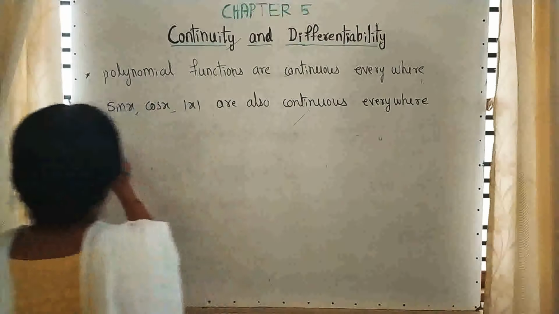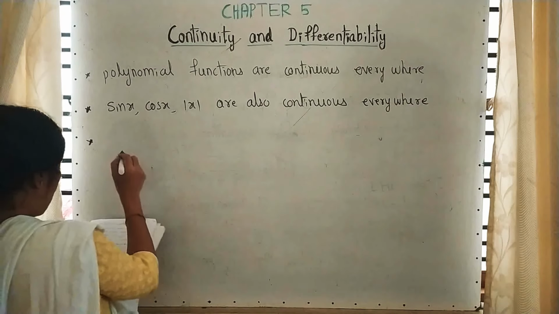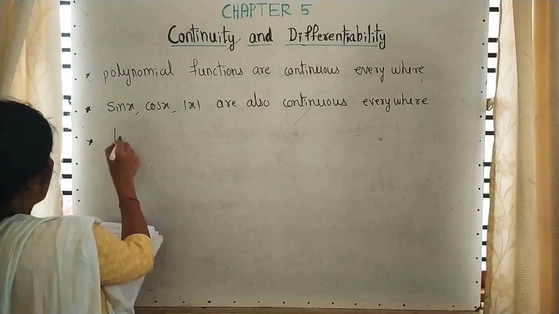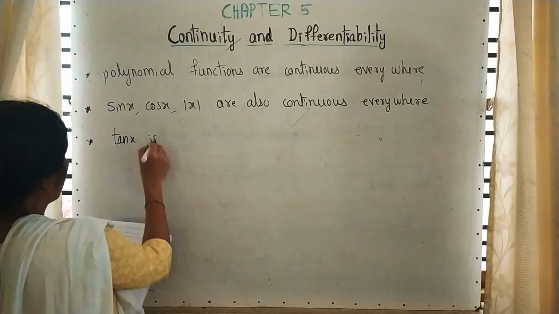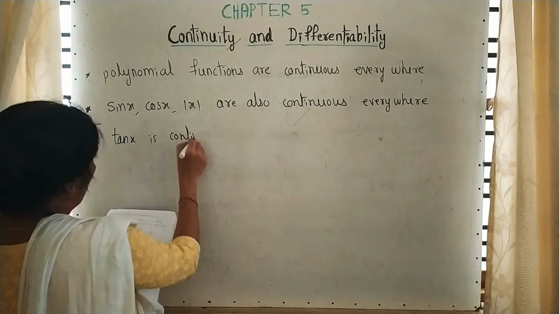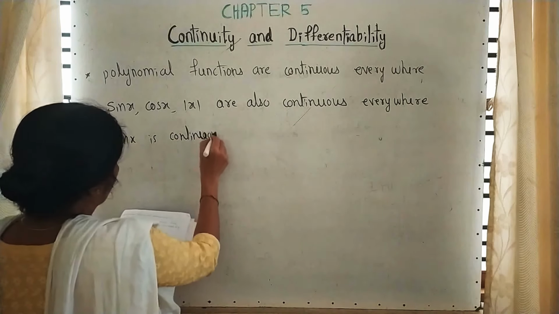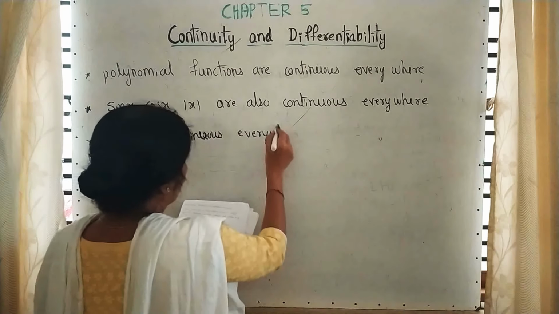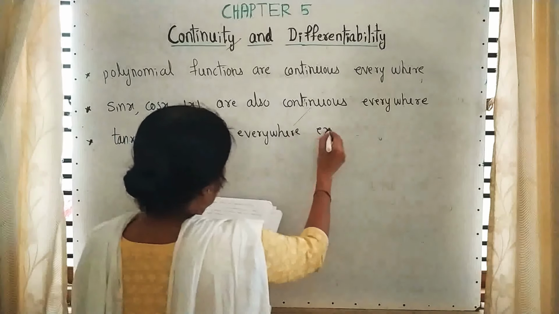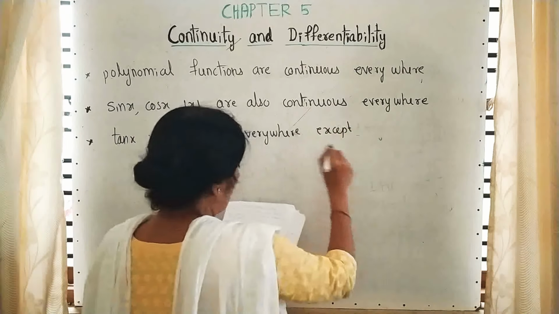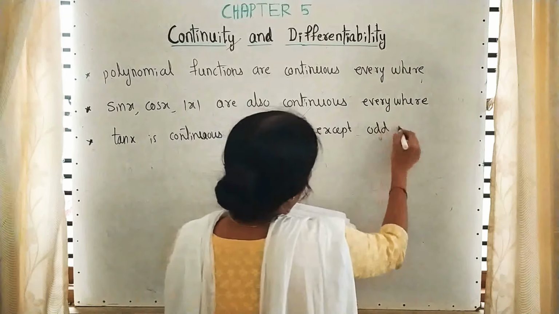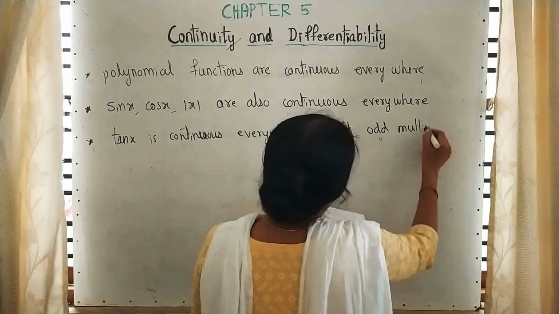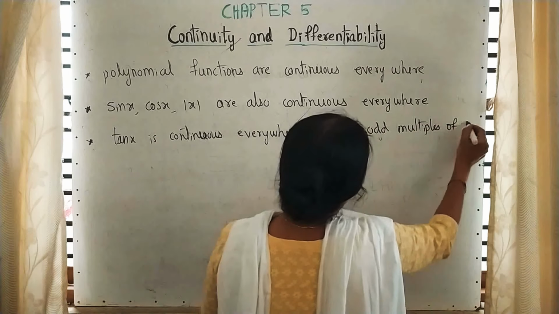In that, trigonometric terms are continuous in their domain. Tan x is, all trigonometric, remember that, continuous everywhere except odd multiples of pi by 2.